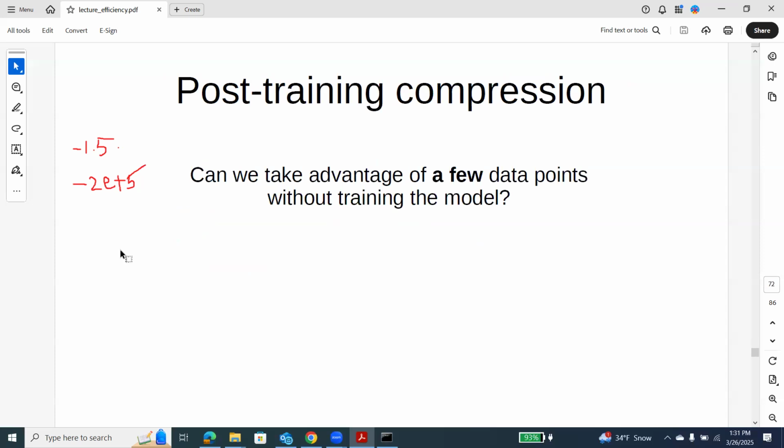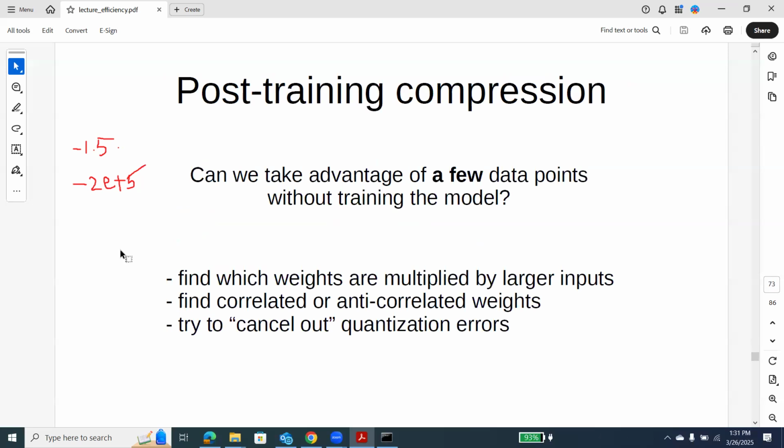So, you remember last time we talked about optimal brain damage. The idea of quantization also takes roots in this algorithm, optimal brain damage. It was proposed in the late 80s, in 1989.